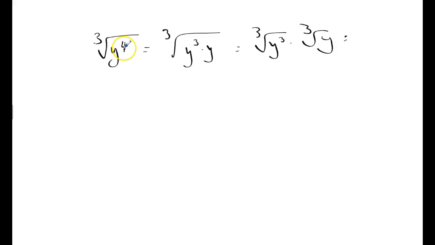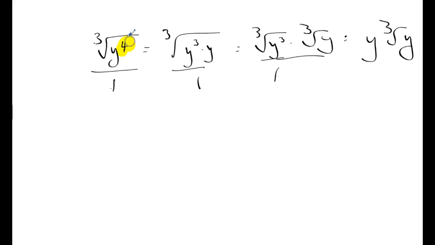By the way, we are in the numerator here, because there's a 1 down here. This will just be y, cube roots of y. So remember, whenever this exponent is larger than the root, then I can simplify it. So the rule is, if you're in the numerator, go down.